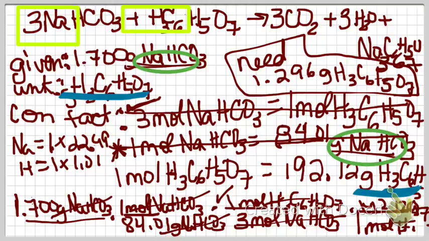I only have 1.000 grams. So I'm going to run out of that. That's clear, I don't have enough. Since I'm going to run out of that, that is my limiting reagent. And that's exactly what you would say: you're going to say that your limiting reagent is citric acid. That's what you would write.